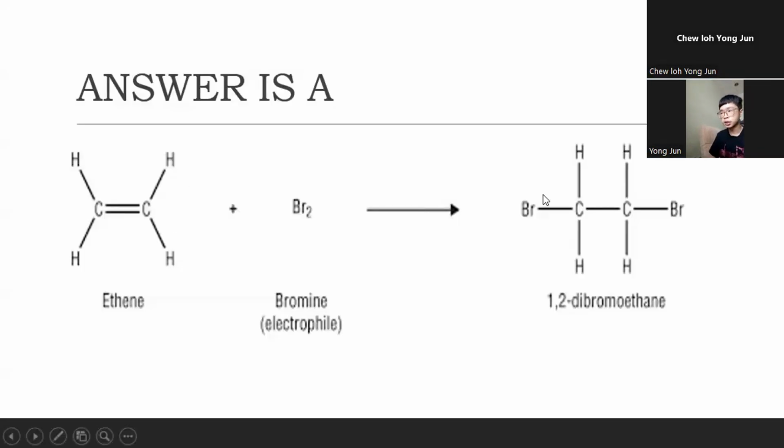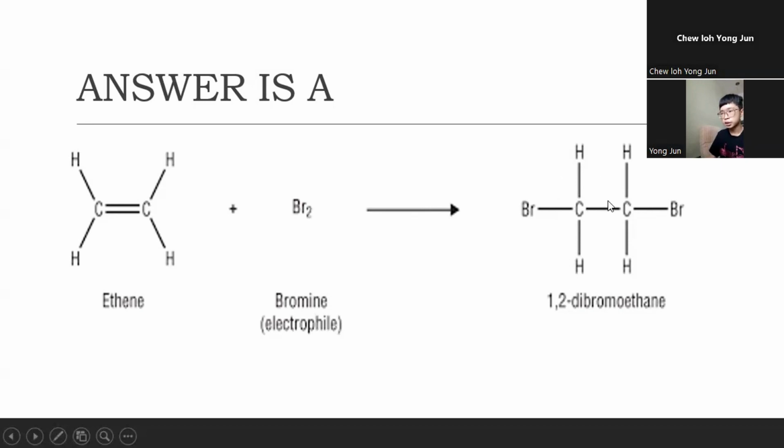So this whole thing is the overall reaction. You can see ethene over here and bromine. They react together, so the double bond here is broken, and then it will form dibromoethane over here.